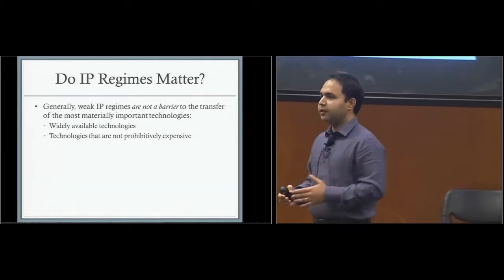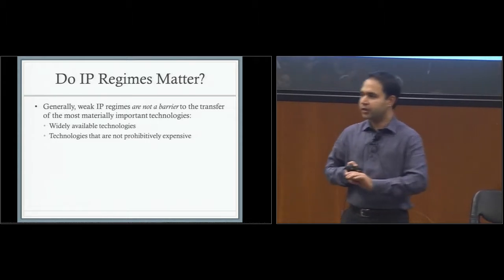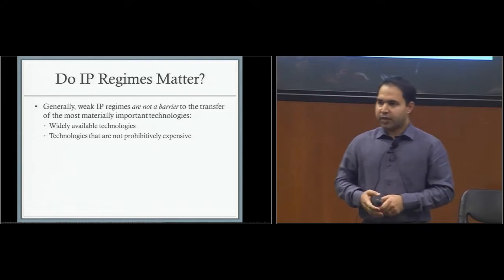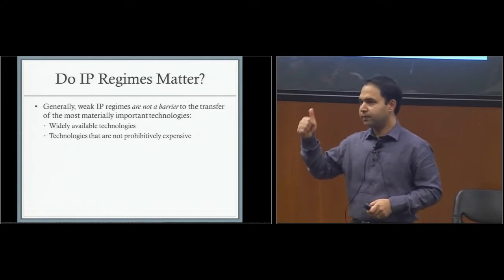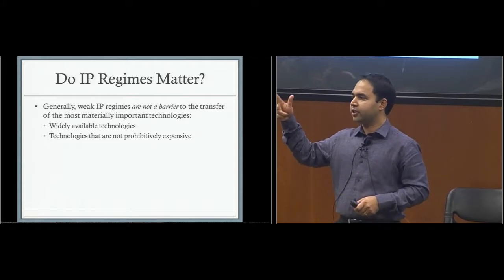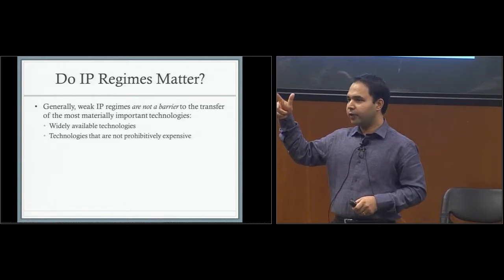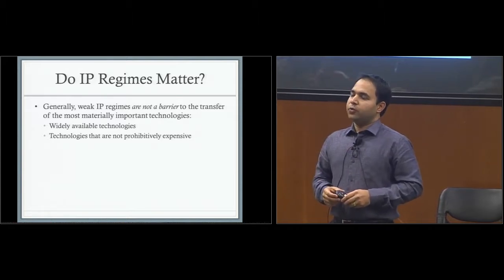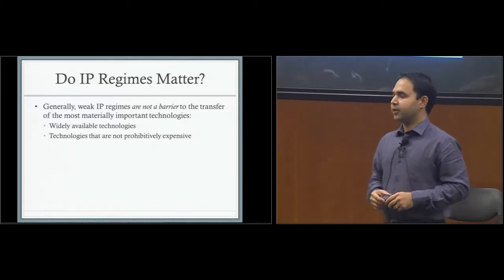Let me explain. Materially important technologies, the way we define it in our paper and our research, are technologies that are mature, at scale, and at reasonable cost. One way to measure that is to what extent they're deployed in developed countries.